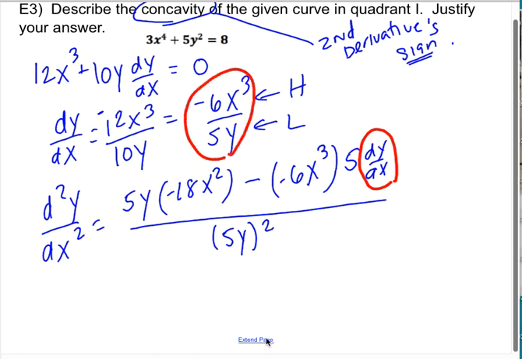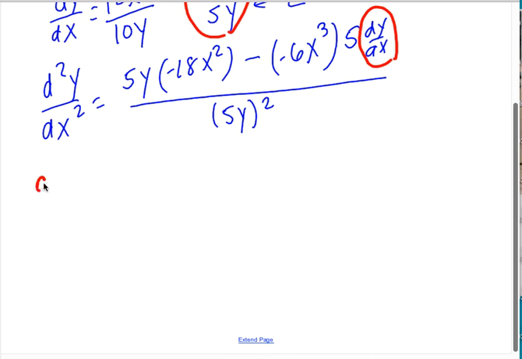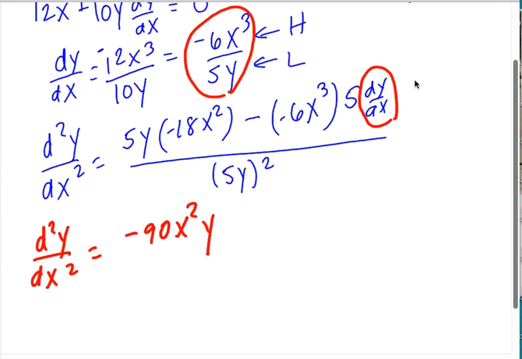So I'm going to get that this d squared y dx squared is a negative 90x squared y, right? Then when I replace this thing, this is a negative 6x cubed over 5y. I'm going to have negative times a negative times a negative, so it's going to come out negative.